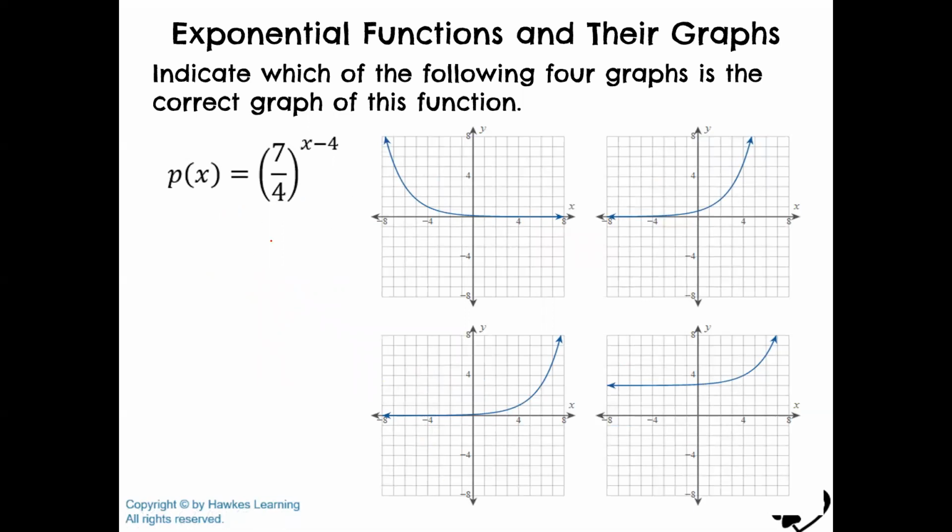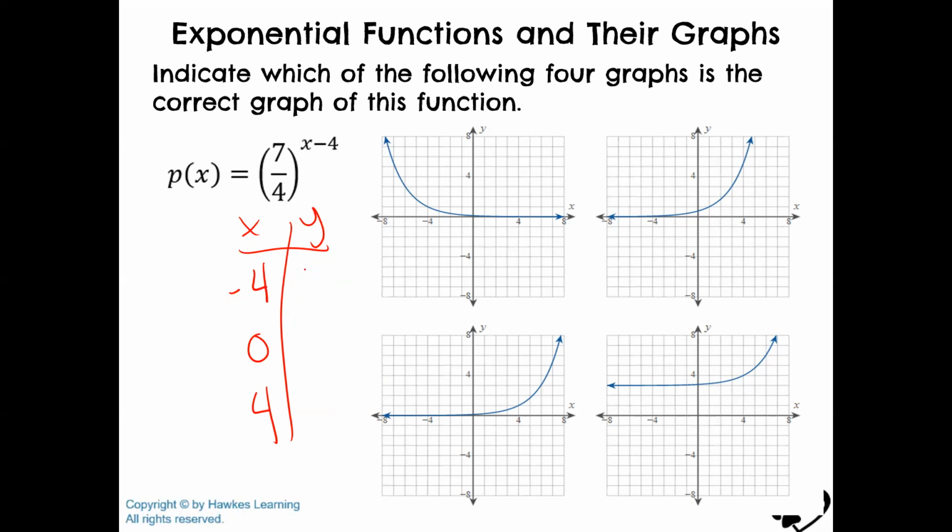All right, another one, we can either throw that right into Desmos. I'm going to use numbers bigger than, maybe I'll do -4, 0, and +4. So we're going to use those calculators. 7/4 raised to the -4 minus 4 is -8.